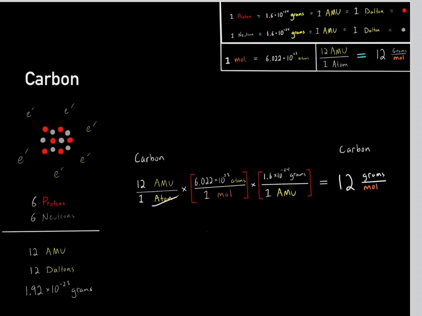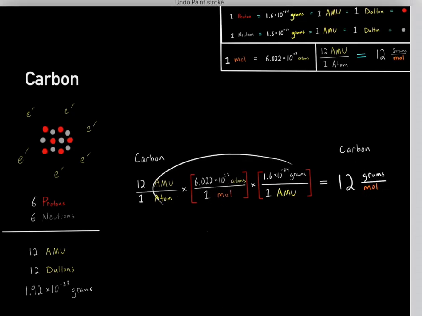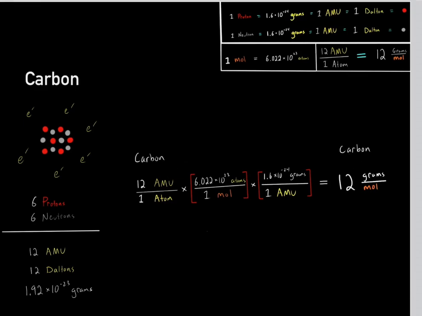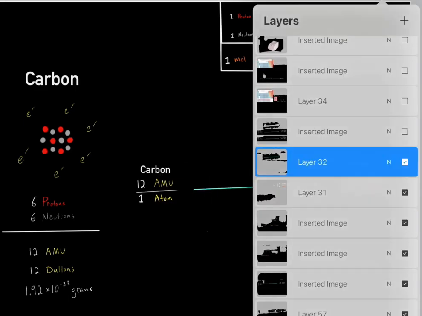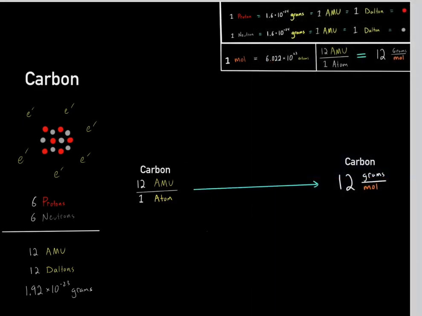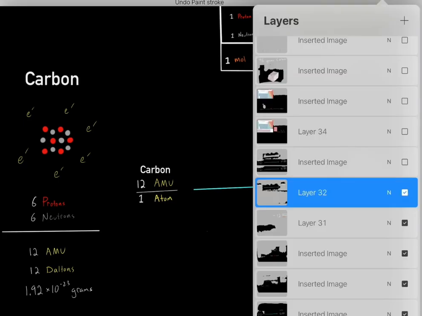Well, again, atoms will cancel and atomic mass units will cancel. So what are we left with? Grams and moles. So now we have grams per mole. And if you were to do the math, you would get 12 grams per 1 mole of carbon. So that's the math to prove that this is true. But again, the point is, there are 12 atomic mass units per 1 atom of carbon, so therefore there are 12 grams per 1 mole of carbon.